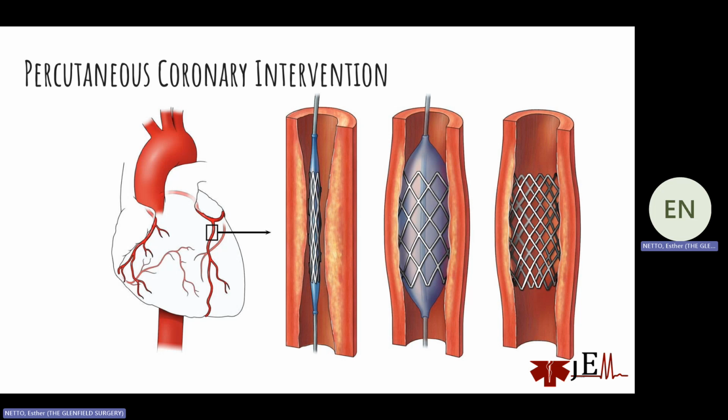Once they're in that blocked artery, they then inflate the balloon. That balloon inflation means that the stent inflates and fixes in place. They then deflate and remove the balloon, and all that's left in place is the stent. So the balloon is gone, the catheter or the wire is gone, but what's left is this mesh stent. And that's what keeps the vessel open and overcomes that blockage, and that's the long-term solution.